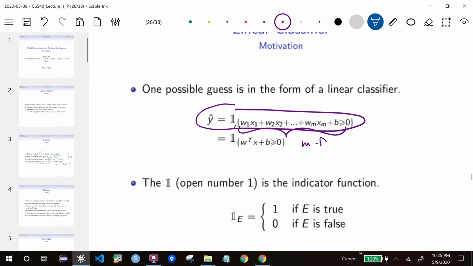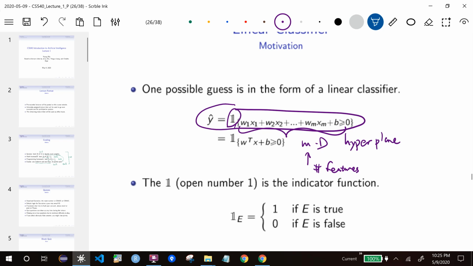This is in the n-dimensional space. M is usually the number of features. This represents an n-dimensional hyperplane, basically like a line or plane in m dimensions.